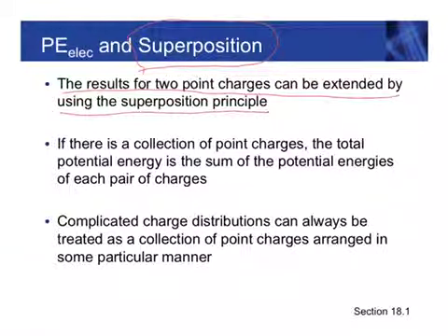We're going to solve example problems like that. If there's a collection of point charges, the total potential energy is the sum of the potential energy of each pair of charges. Let's say you have 1, 2, 3. First you look at the combination 1, 2, then the combination 2, 3, then the combination 1, 3, and then you add them all up.